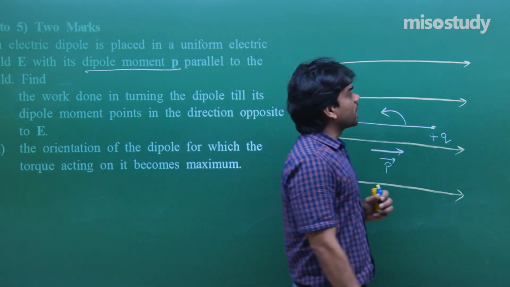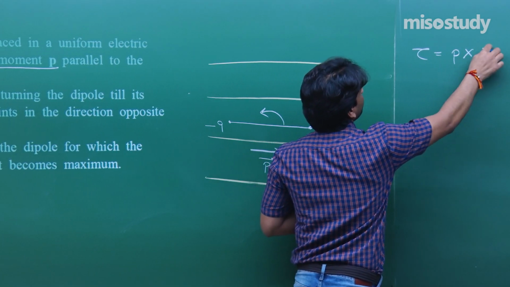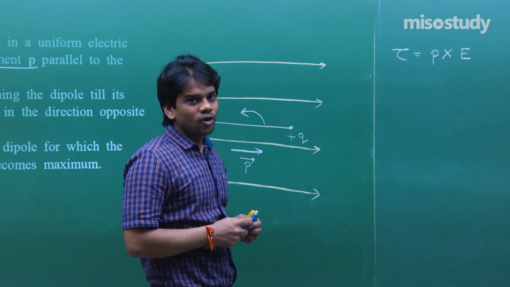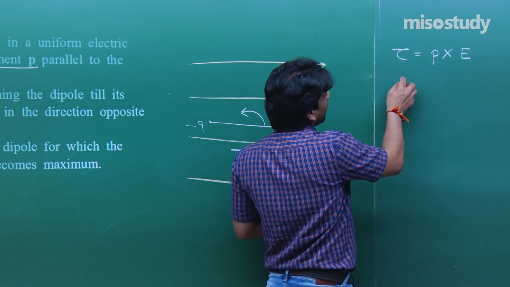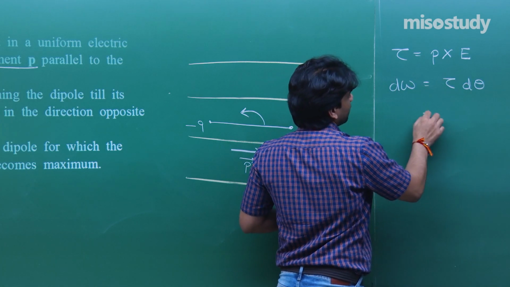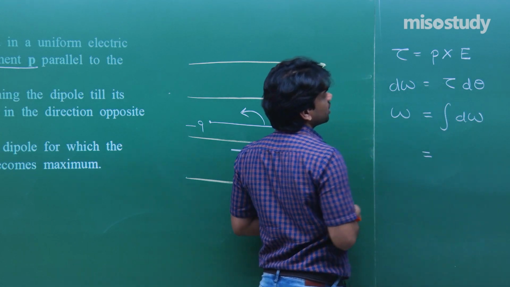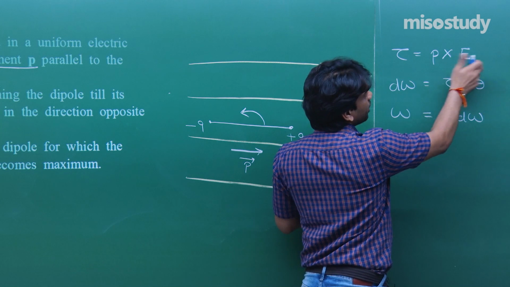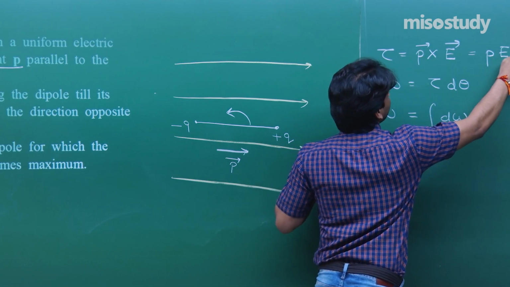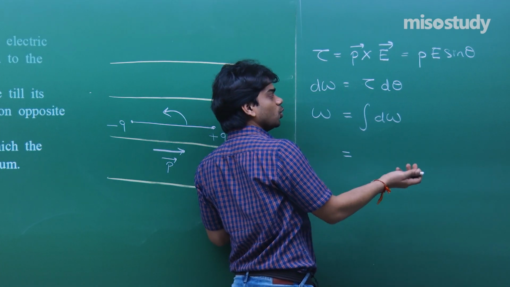Now for this we all know that torque acting on a dipole is given as P cross E. P cross E is the torque acting on the dipole. So the small work done in rotating will be tau d theta, and I can write total work done as integration of dW, which will be P cross E, let me write in the vector notation, PE sin theta, and now let me rotate it through 0 to pi.